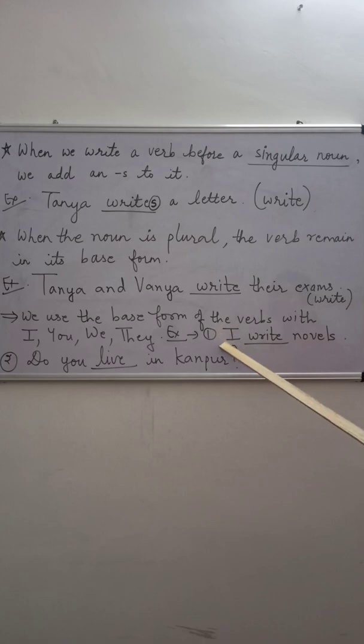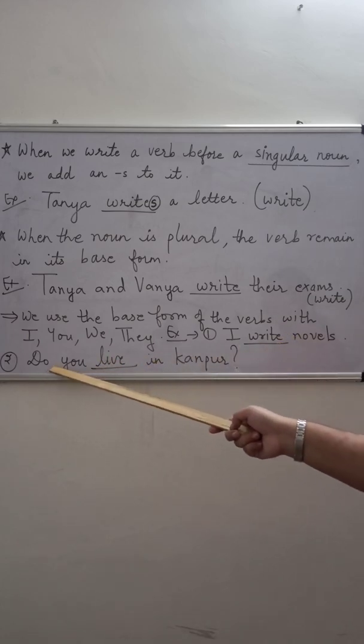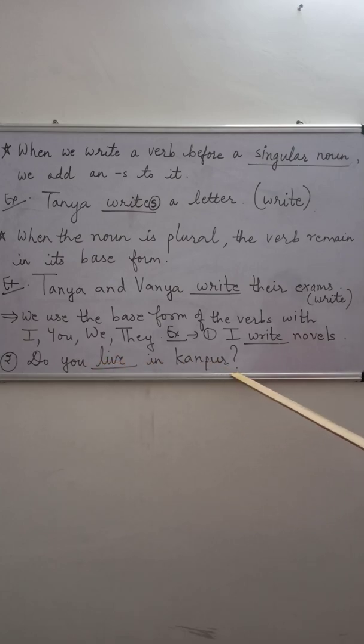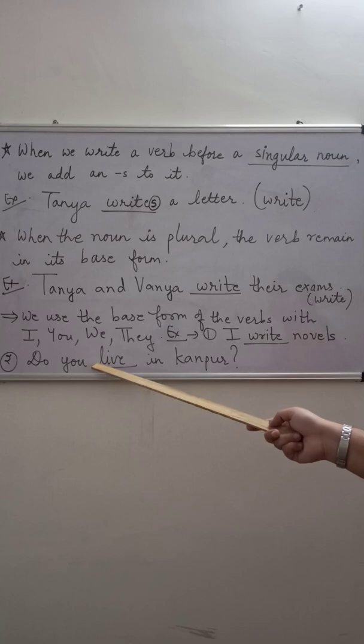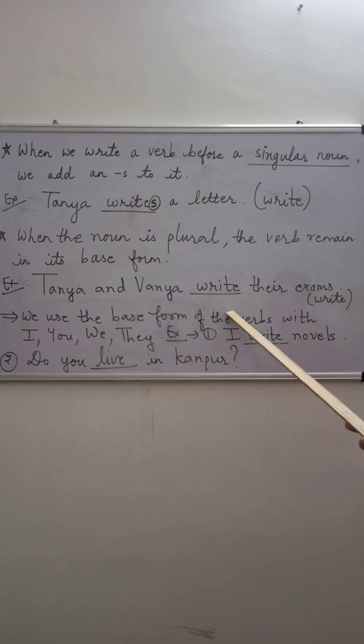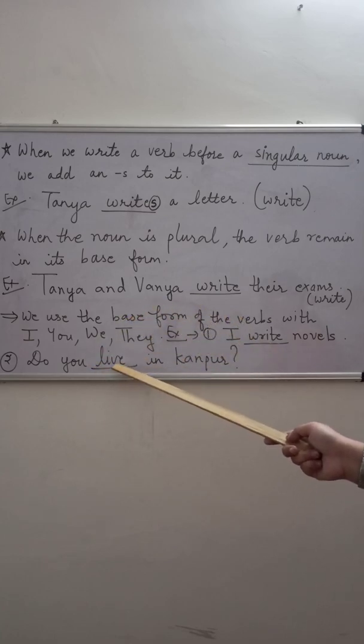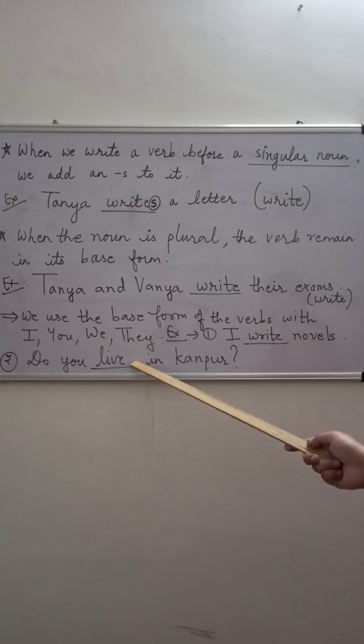So with I, we have used the base form of the verb. We have not added an S in this word. Second, do you live in Kanpur? So in this sentence also, with you, I told you we will write the base form of the verb. So the verb is live. We will write live as it is. We will not add an S to it.